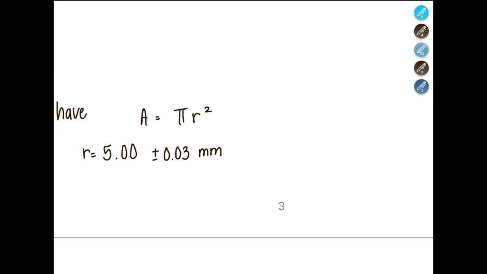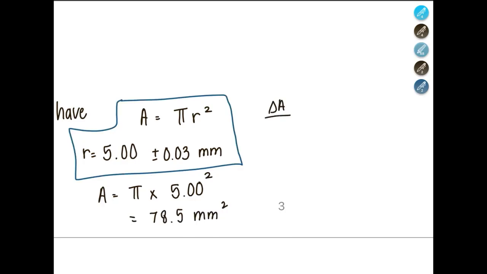Let's look at an example. Area equals pi r squared. Find the uncertainty of A, where radius equals 5.00 plus or minus 0.03 millimeters. So area equals pi times 5.00 squared, 78.5 millimeter squared. Delta A over A equals, pi does not show up when you're finding the uncertainty.